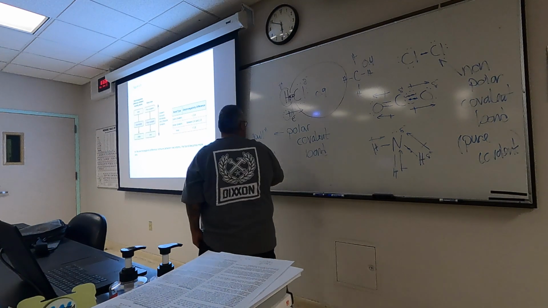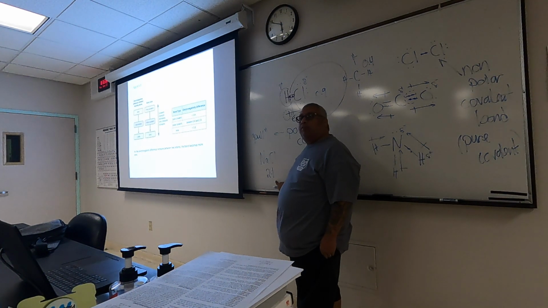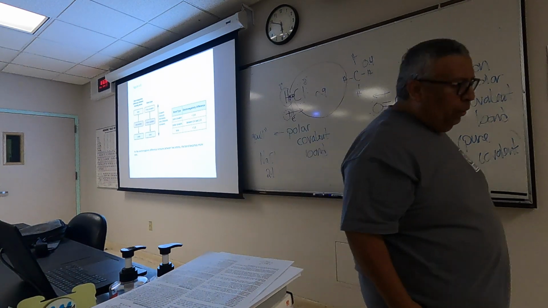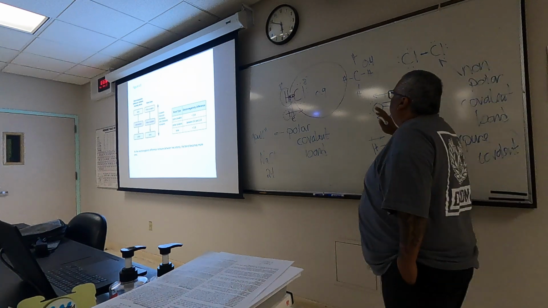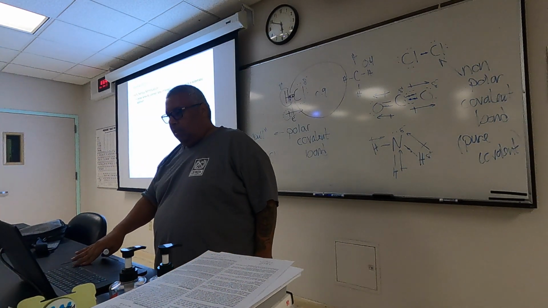And for an ionic bond, anything greater than 1.8, and we can see here that sodium and chloride is going to be greater than 1.8. So we can use this to help us verify that these are in fact either pure covalent, polar, or ionic bonds.